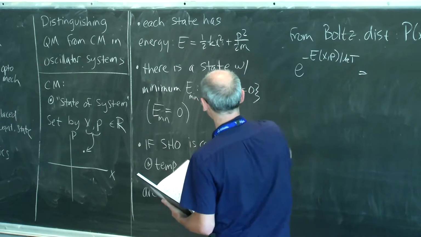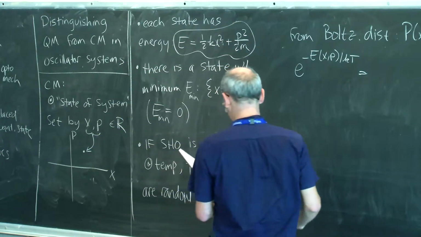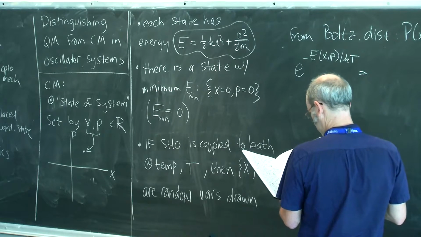And for the particular form of our energy, which is over here, this will be a Gaussian in x and p.